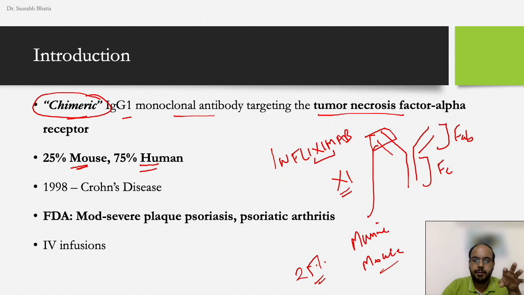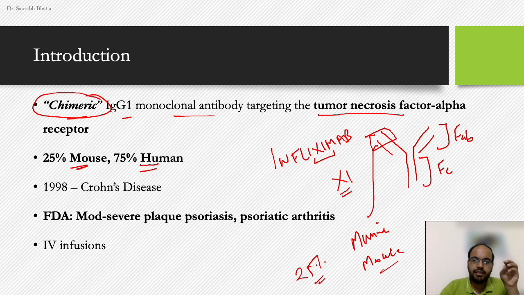That makes it chimeric. And one important property of chimeric immunoglobulin is that it will lead to formation of a lot of autoantibodies. Now, what are autoantibodies? Whenever we introduce any kind of protein structure in the human system, the immunity will recognize that as a foreign molecule and will react to it. Now remember, adalimumab is a fully human monoclonal antibody, and because of that, the autoantibody generation is not that much.